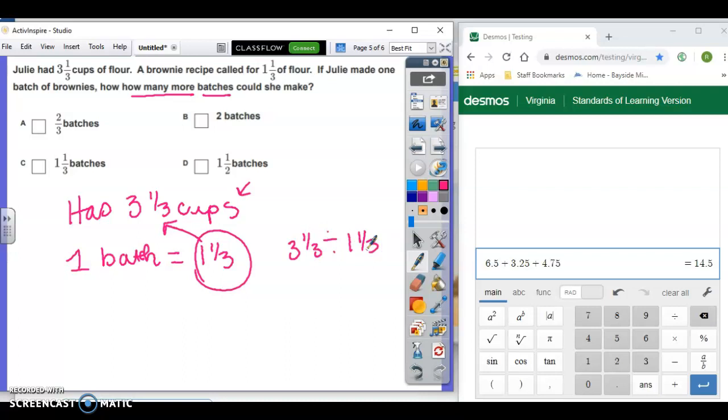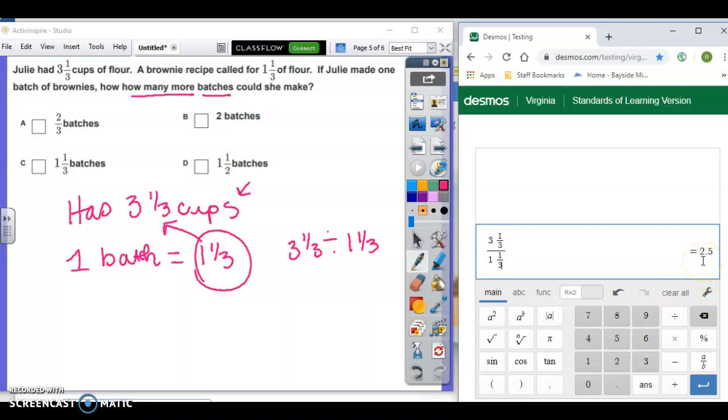So the good thing about Desmos is you can type all of this directly into your calculator. So we have 3 1/3. So this is where I want to highlight this and then hit divide. So it divides the whole thing. Divided by 1 and 1 divided by 3.